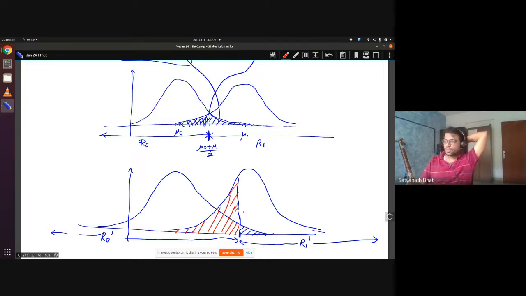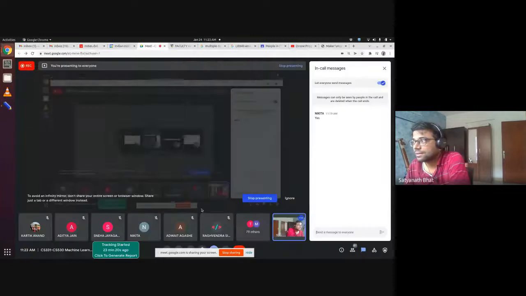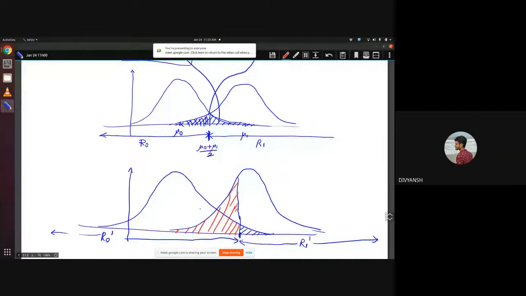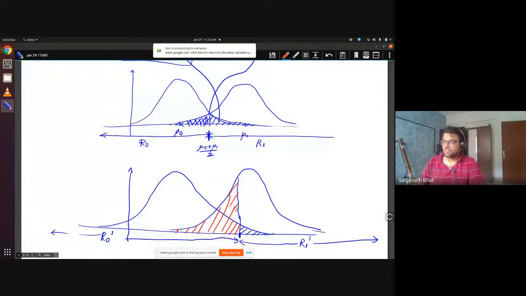Now is the proof of optimality clear, at least for the special case where P0 is equal to P1 equal to half? If it is clear, can someone tell me how? Yeah, that area will always be the smallest, the first one. This classifier, based on some other threshold, has the same shape; this error is there anyway, but in addition it has this extra triangular shape.